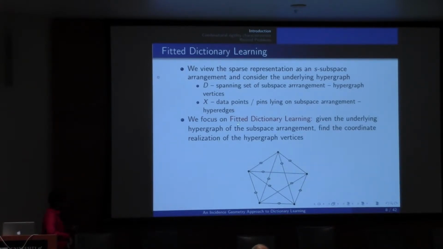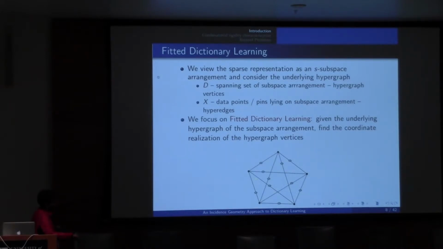And the fitted version is one where you assume that you know which subset of points a particular pin lies on. So in other words, I'm given as input in this fitted dictionary learning problem a structure like this. This is the simple case where S is 2. So every one of the pins lies on a line spanned by these two, affine. Now I've moved to the affine setting. So it's affinely spanned by these 2 points, and this pin lies on this line.